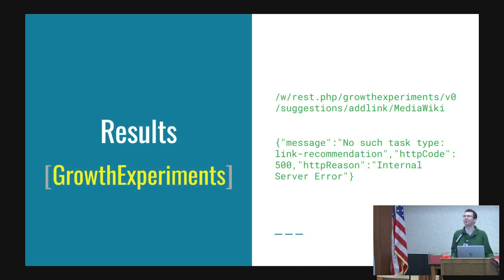Not entirely sure what link recommendations are, what the task system is, how to fix this, what configuration is needed. I would just make the same suggestion. If dependencies are unmet or configuration is missing such that an endpoint would never be available, as appears to be the case here, it shouldn't be exposed in the first place.